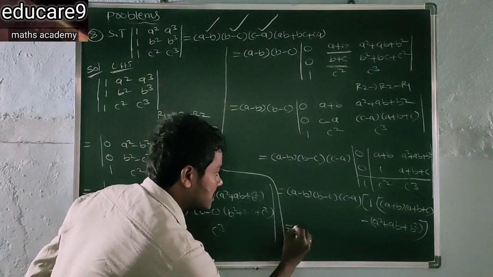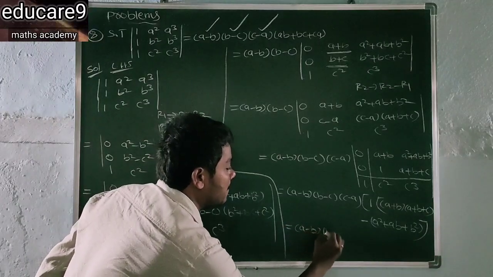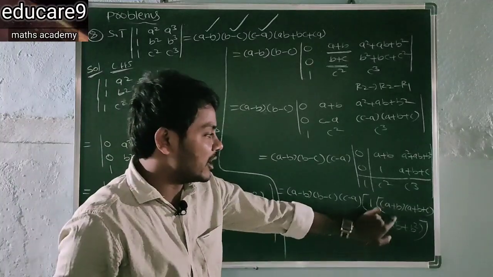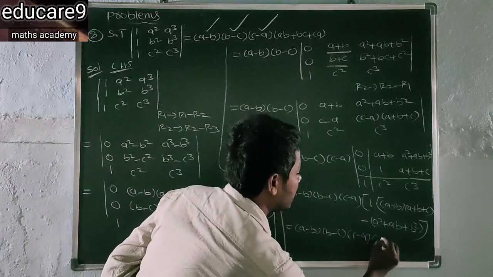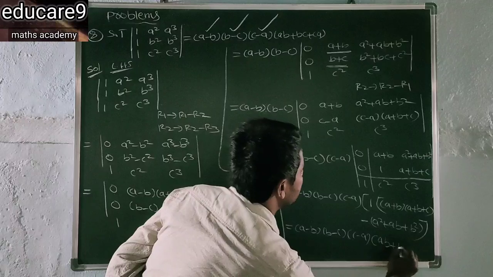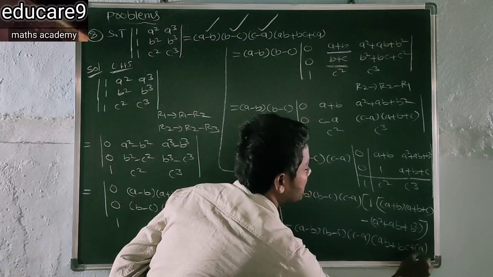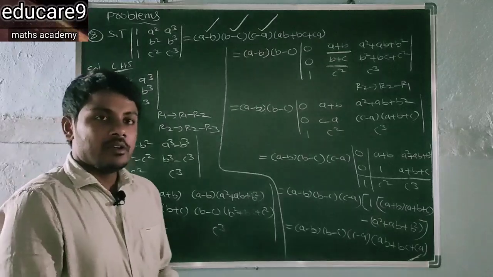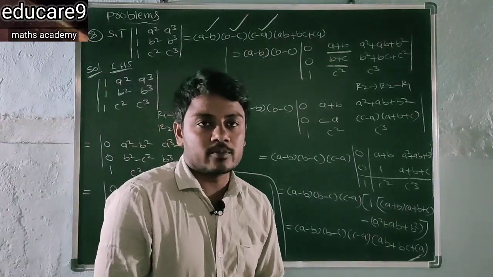So this is A minus B, B minus C, C minus A. So simplify this, you will get AB plus BC plus CA. So this is the required answer. So for next session, we will discuss more problems.